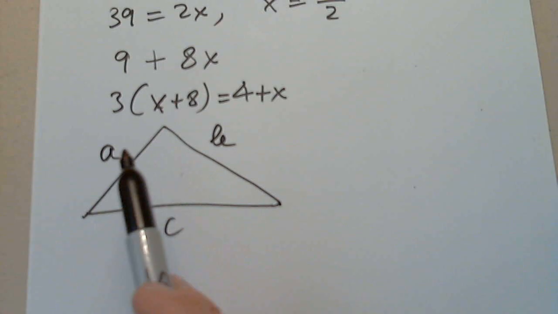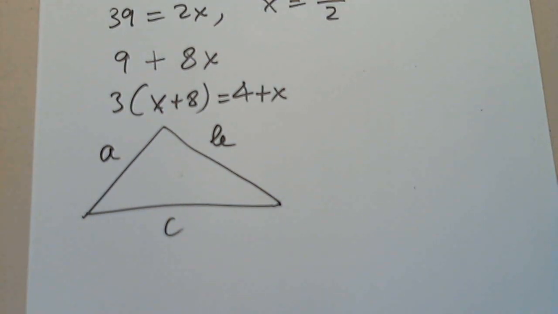So now let's see what we come up with. The first angle of a triangle is 19 degrees more than the second angle.